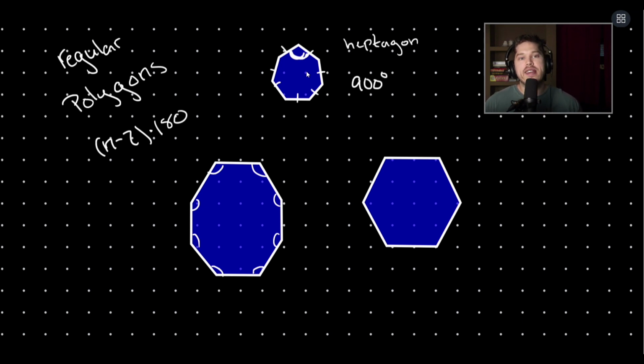So if we want to find the measure of just one of the angles, we're going to take the total, which in this case is 900, and divide by however many sides there are. So this will be 900 divided by 7. Here, let's just round to the nearest tenth. So 900 divided by 7. 7 goes into 9 one time. We have 2 left over. Bring down your 0. 7 goes into 20 twice.